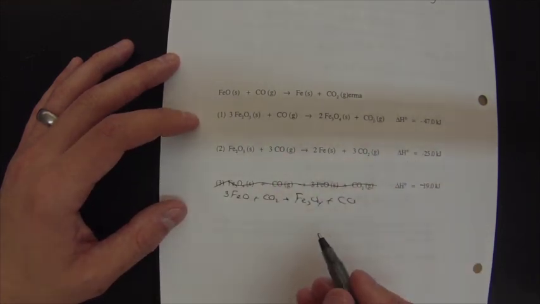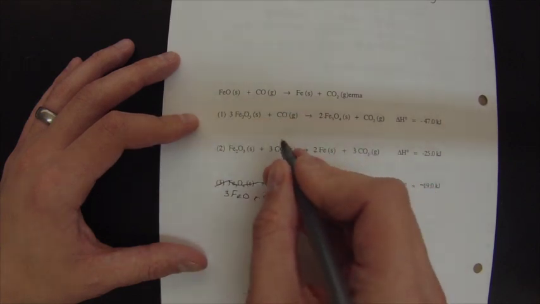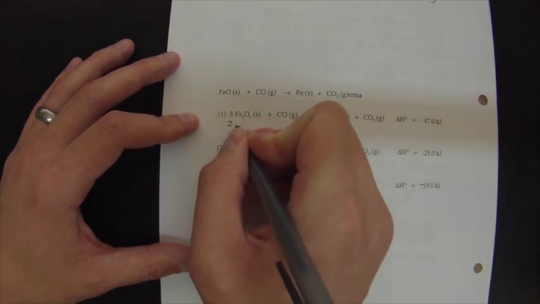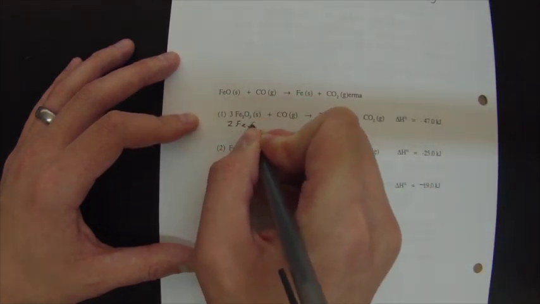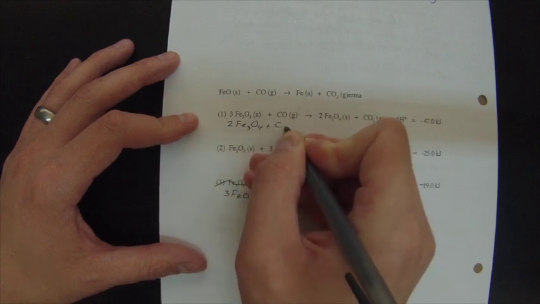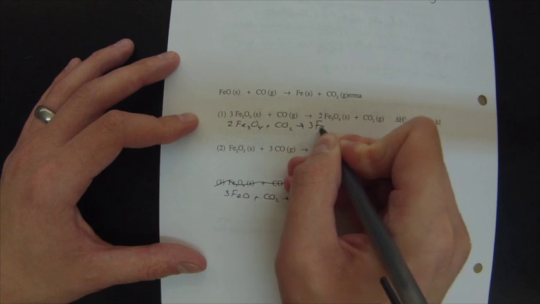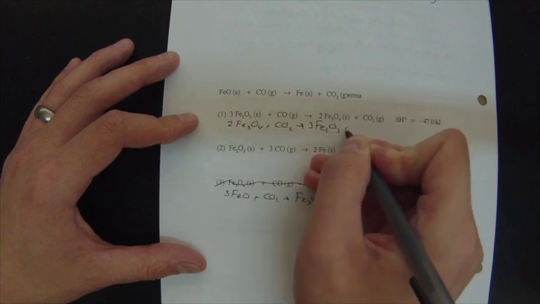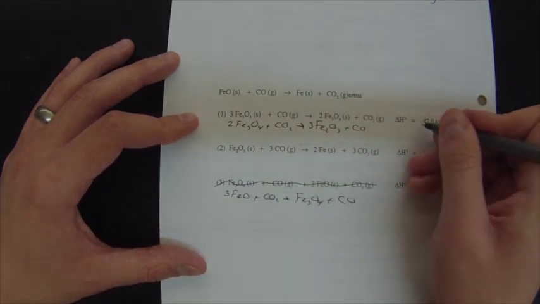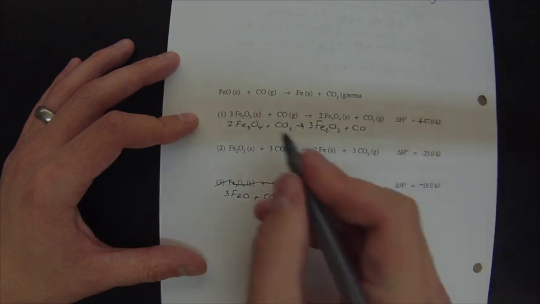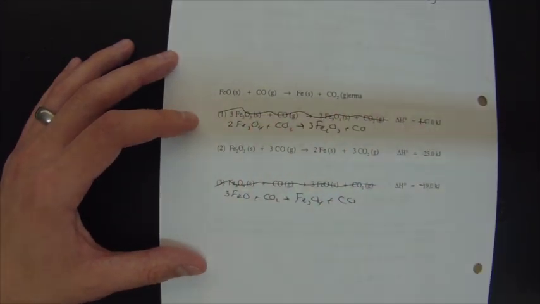So let's flip this top equation. So it's going to become 2 Fe3O4 plus CO2 yields 3 Fe2O3 plus CO, and then this becomes positive. All right, we're almost done.